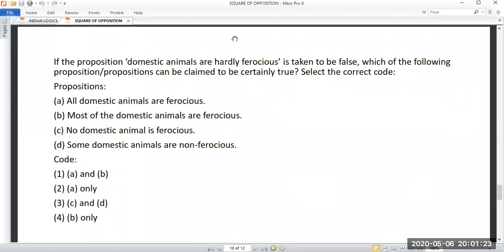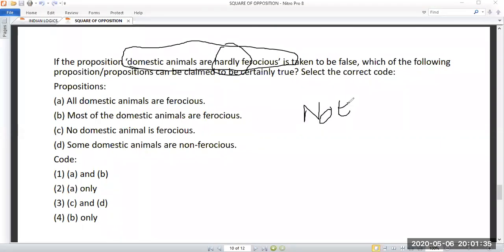If the proposition "some domestic animals are hardly ferocious"... We have seen the term "hardly". Hardly means this is the some-not case. So "some domestic animals are hardly ferocious" means some domestic animals are not ferocious. So the some-not case is taken to be false.